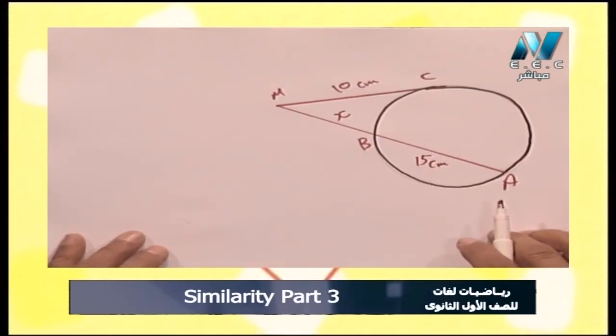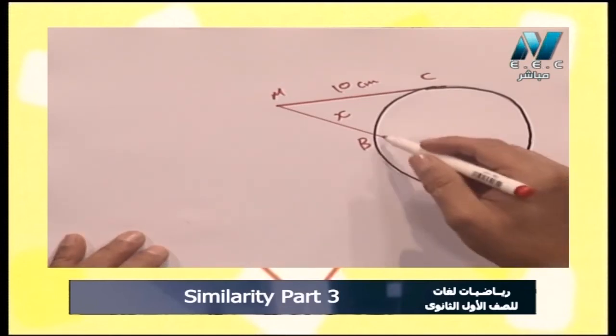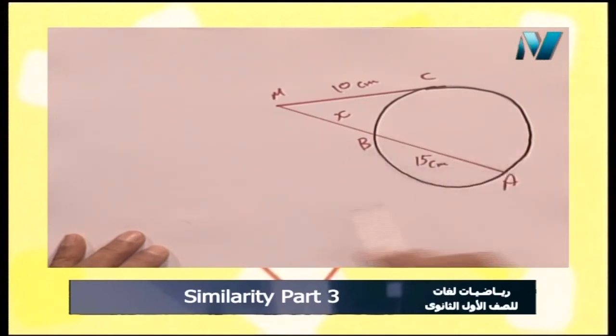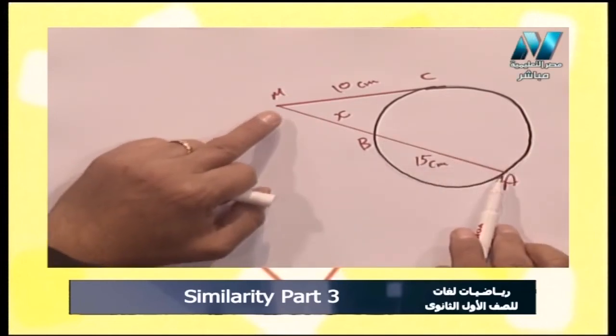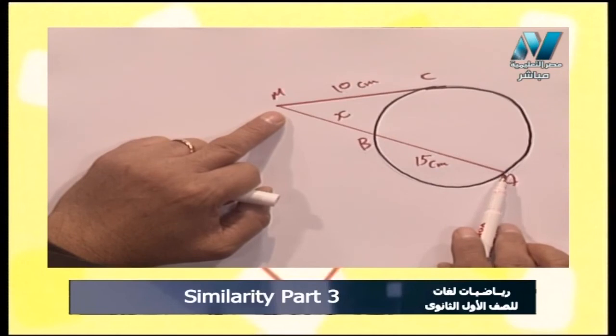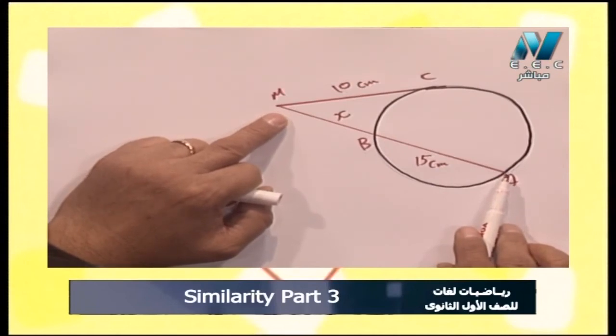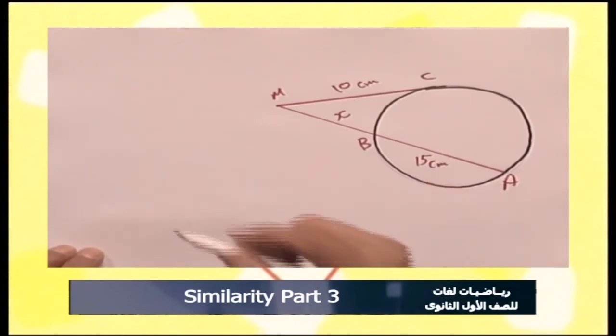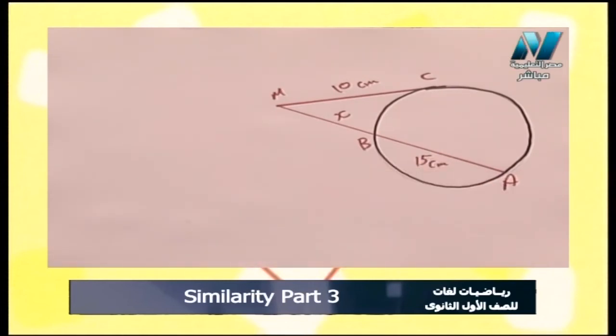So if this part equals 15, then MA equals what here? Exactly, x plus 15. Okay, so we apply this relation between them.